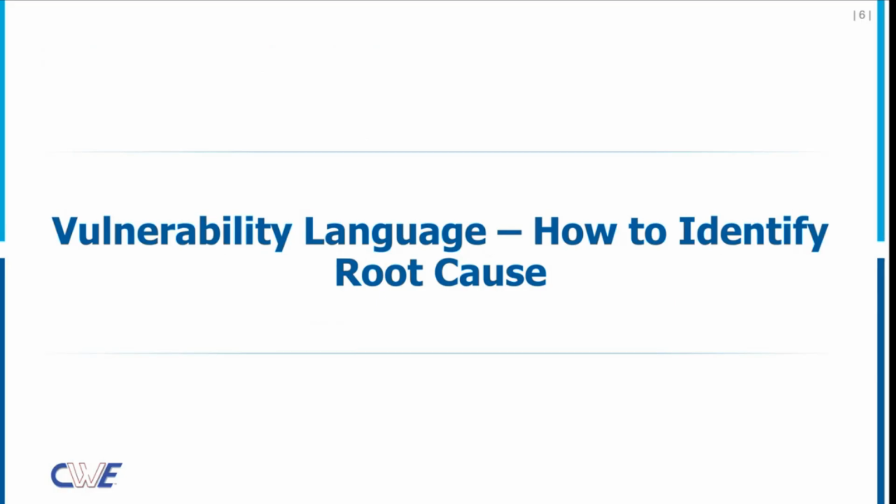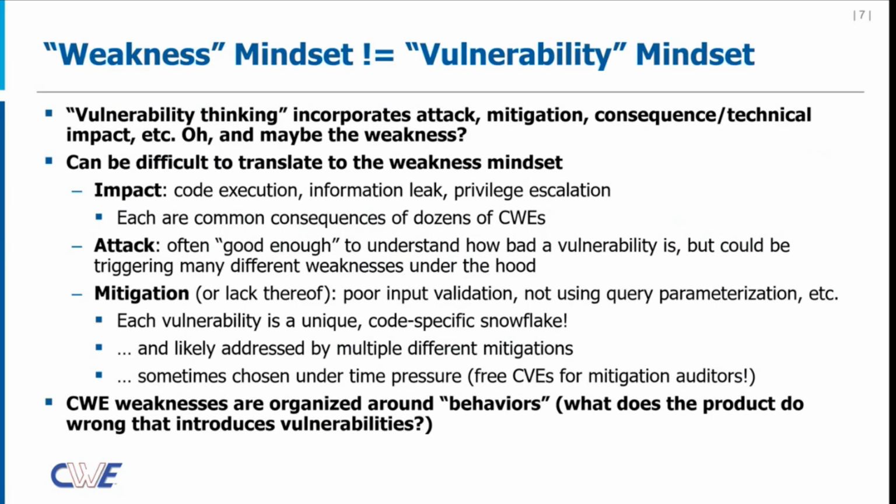So, getting into the tips and tricks for mapping, one really important aspect is understanding the language that we use to talk about vulnerabilities versus the language for the root cause weaknesses that enable those vulnerabilities to happen. We've broken this up into two factors. There's a weakness mindset, where you're getting your mind ready to talk about the weakness and the root cause.